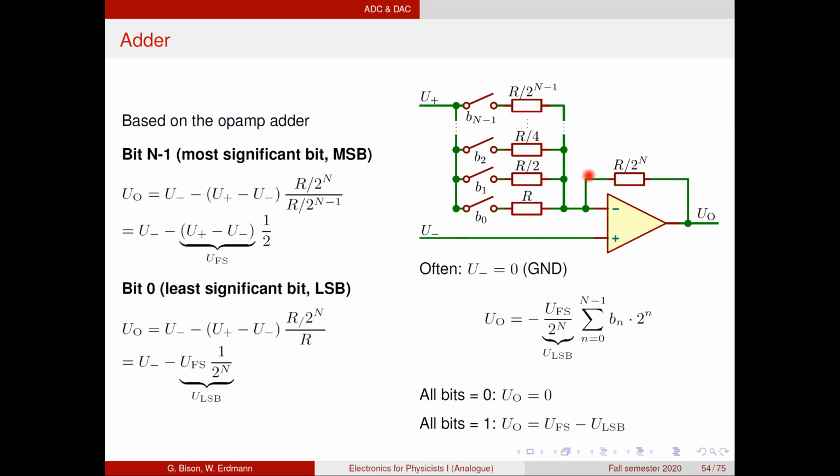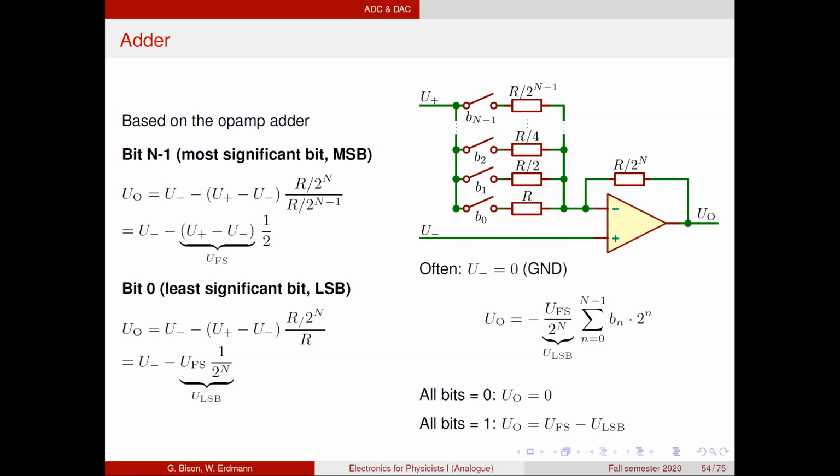A disadvantage is that the resistor values here have to change by orders of magnitude if we want high resolution. So we start with some value R that we can choose. And then if we have a 10-bit DAC, which is not really high resolution yet, then this resistor here has to be 1,000 times smaller.